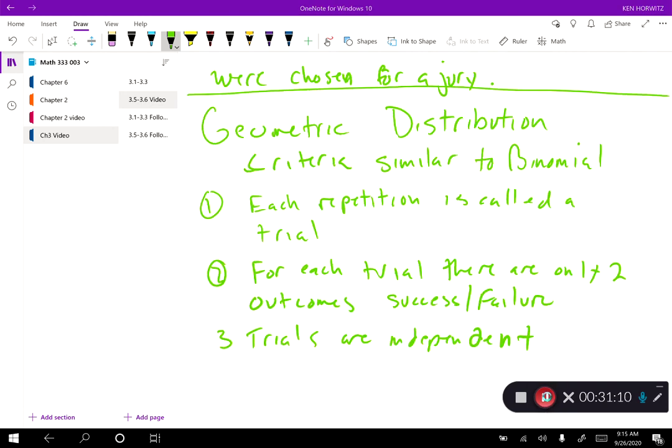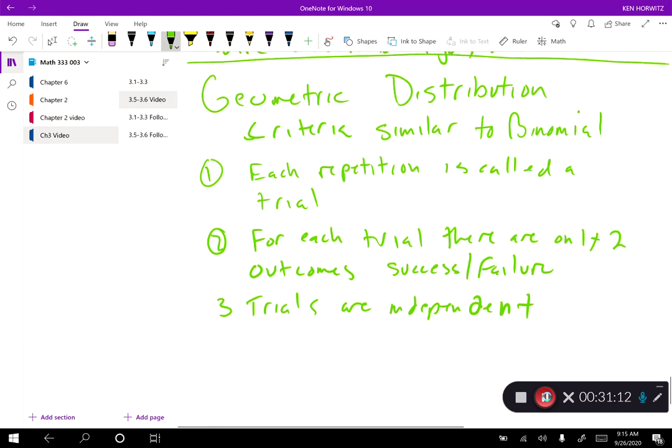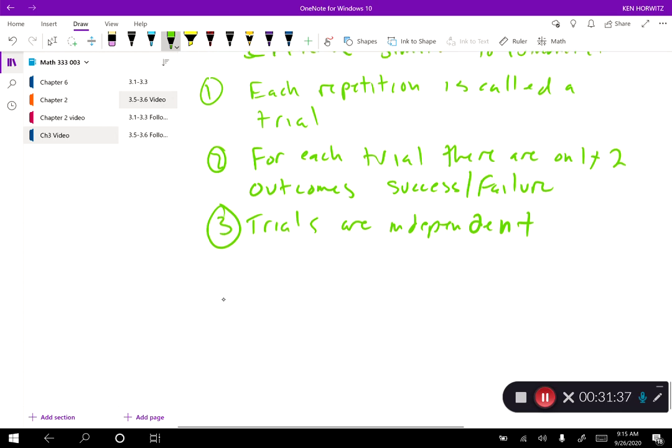All right, for the geometric distribution, the criteria is very similar to a binomial distribution, so that's why we do them together. The first three are pretty much exactly the same. Each repetition is called a trial. For each trial, there are only two outcomes, success or failure. Third one is trials are independent of each other. Even the fourth one is very similar.